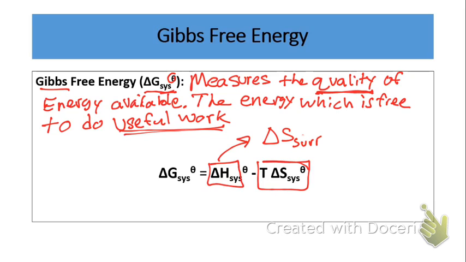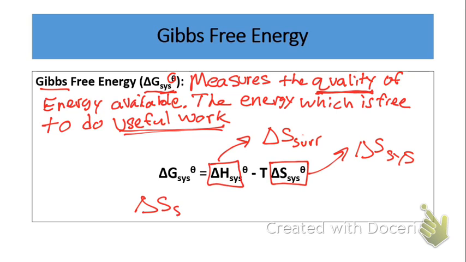And this term here applies to the change in entropy of the system. And so when we add those two together, as we've seen before, surroundings plus system, that will give us the entropy change of the universe.